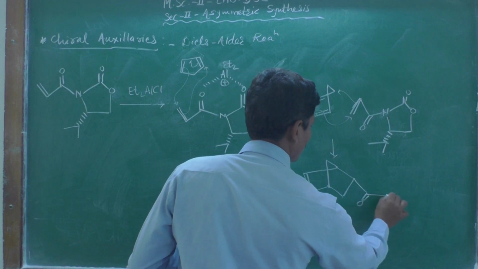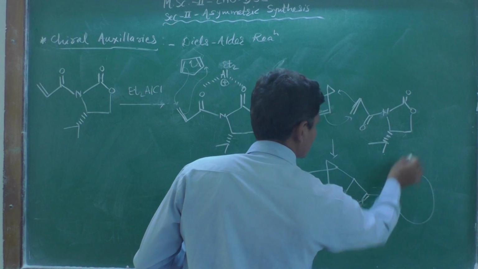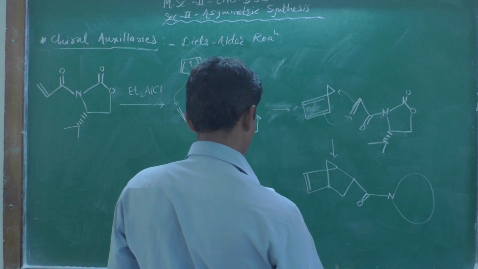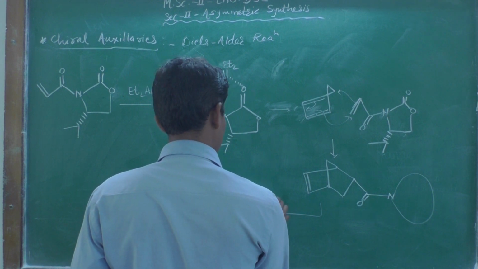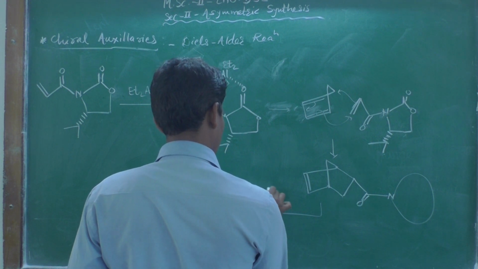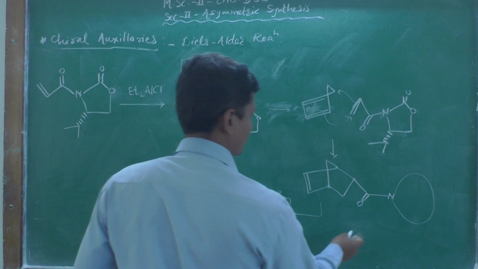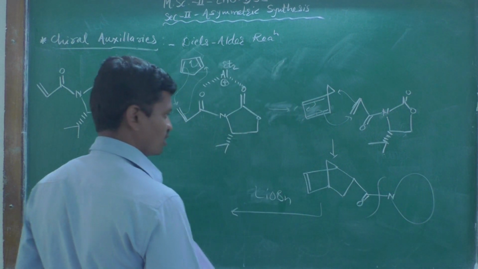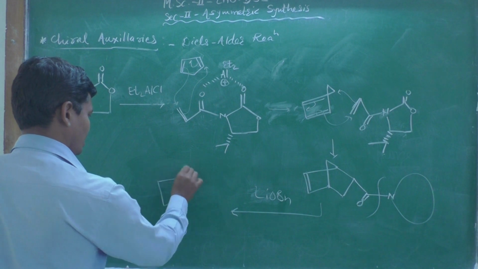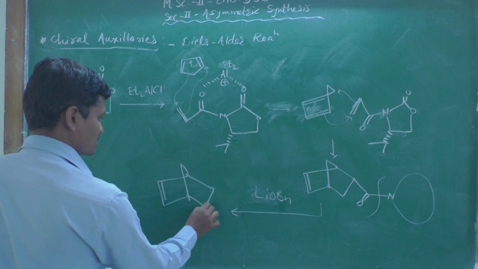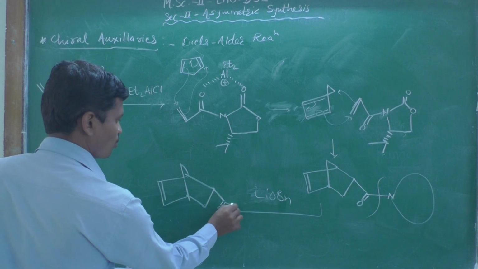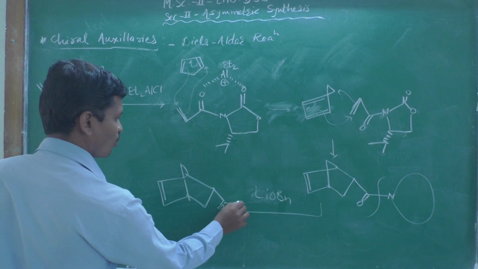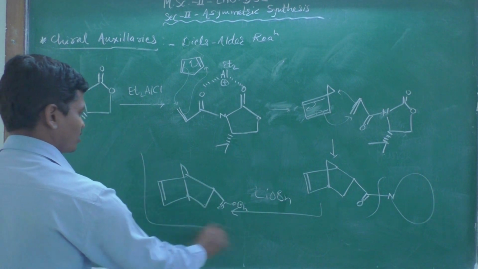And we are getting here CON and the chiral auxiliary. Then by doing reaction with LiOBn, we break this bond, and finally we get the product with the OCOOBn. This is our final product.